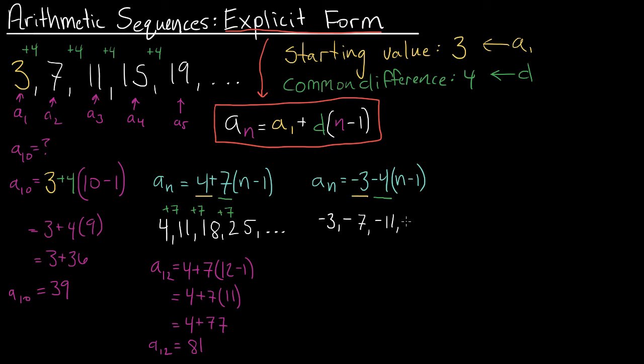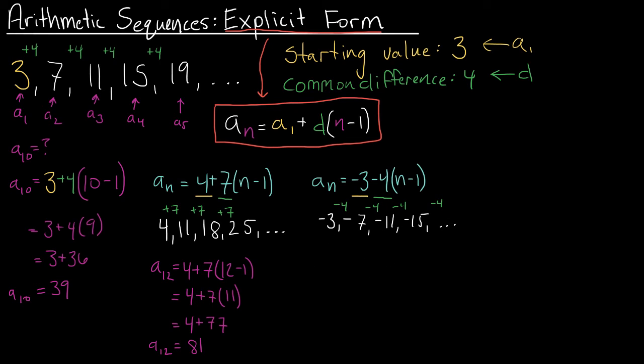Then I subtract 4 to get -15, and so on. This equation describes this arithmetic sequence, but what if I wanted to find out what the fifth term was, for example? I could just subtract 4 again, as I've been doing. I'm subtracting 4 at each step here because -4 is our common difference.